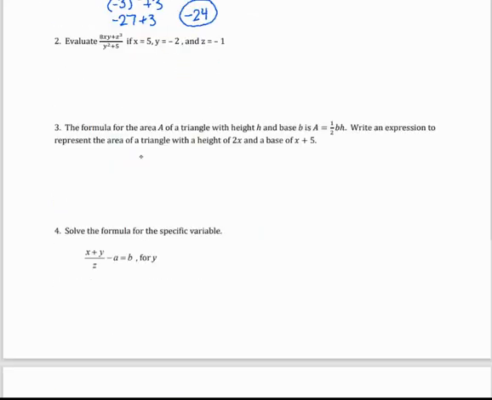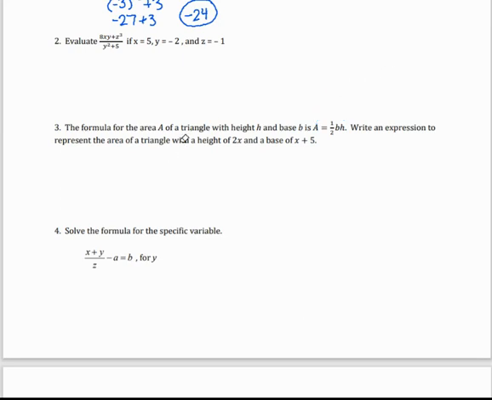Number 3, the formula for the area of a triangle with height h and base b is a equals 1/2 base times height. So hopefully you all remember that formula. It says write an expression to represent the area of the triangle. So remember, expression is just going to be, whoops, let me erase that real quick.